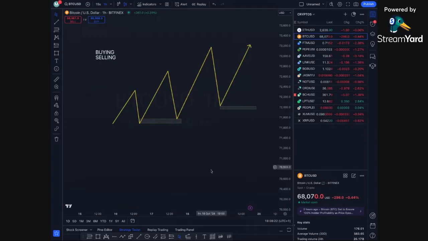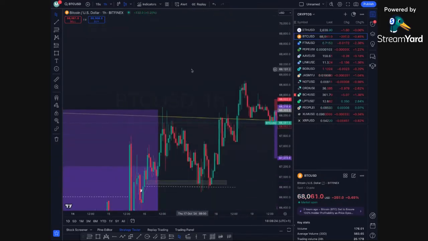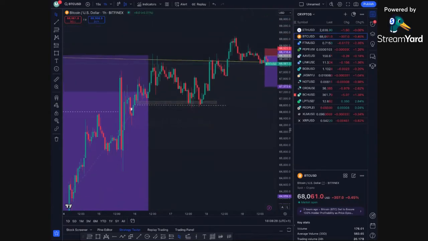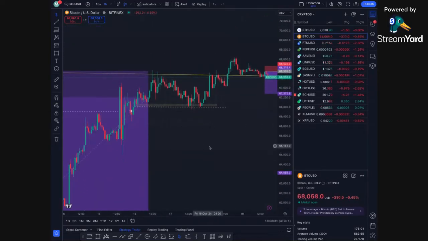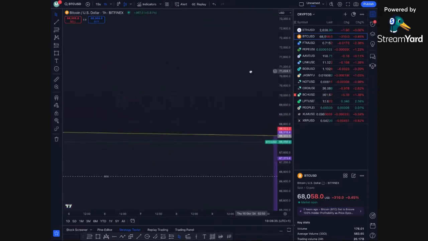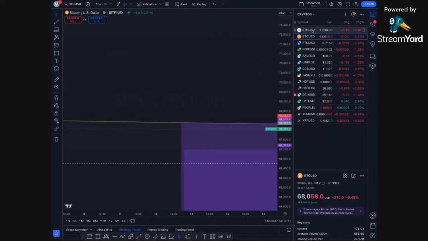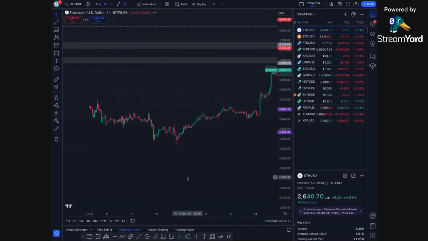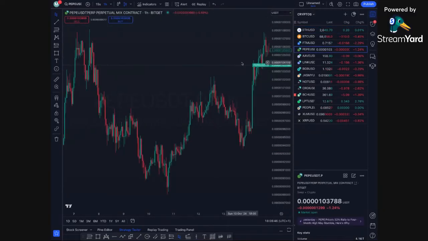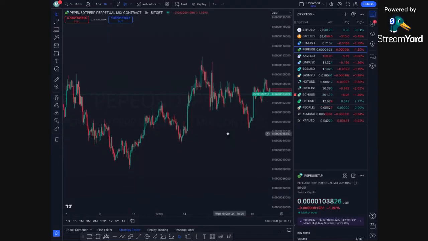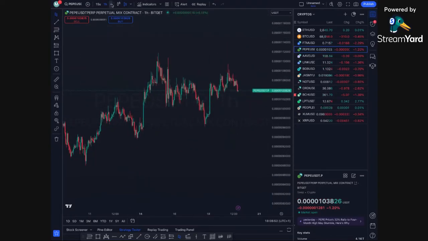Now, let's go to the chart and identify a bullish trend. An example is what you see here, where you have higher highs and higher lows. Let me get a clear chart to show a bullish trend.